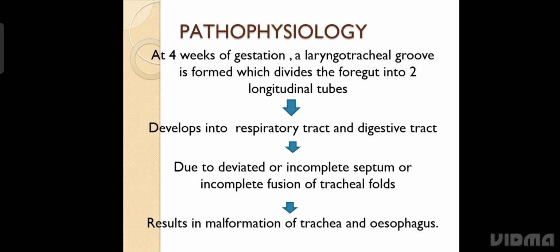At 4 weeks of gestation in embryonic life, a laryngotracheal groove is formed, and it is responsible for dividing the foregut into two longitudinal tubes, which develop into the respiratory tract and the digestive tract. But here there is a deviation, or incomplete septum formation, or incomplete fusion of the tracheal fold.